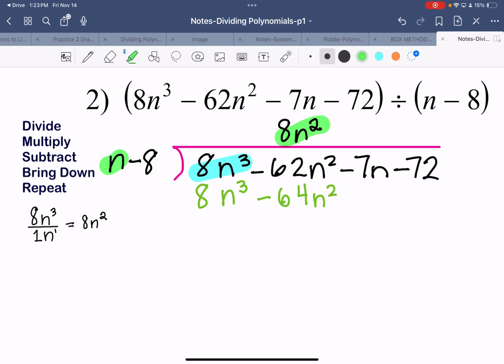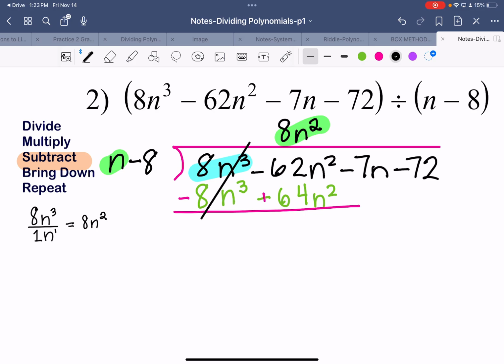We've multiplied. Now we're going to subtract. And remember that when we subtract here, we have to distribute that negative symbol, that pink negative. So that becomes a positive here. And now 8n cubed minus 8n cubed is going to cancel, as it should.